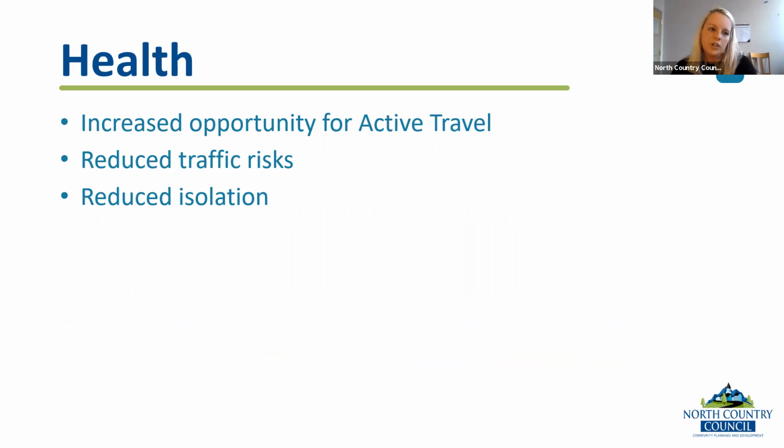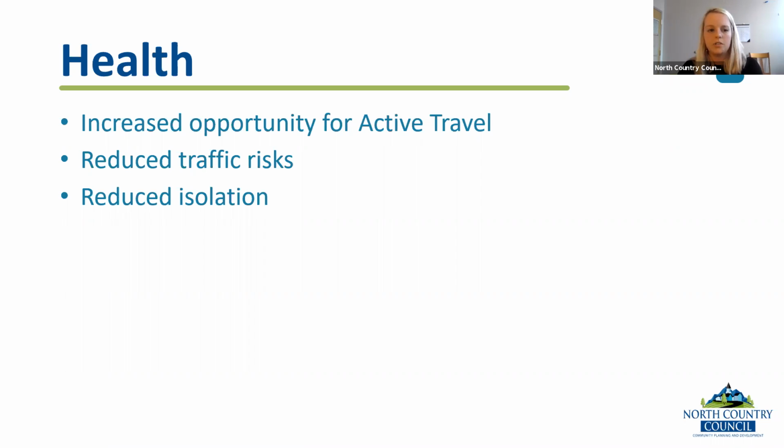So health, I kind of already hinted at this. There's an increased opportunity for active travel. Sorry, my notes are a little messed up here. Yeah, increased opportunity for active travel. So obviously getting people more active. Reduced travel risks. There tend to be higher crashes, and most of the rural areas in the US bear the burden of crashes.